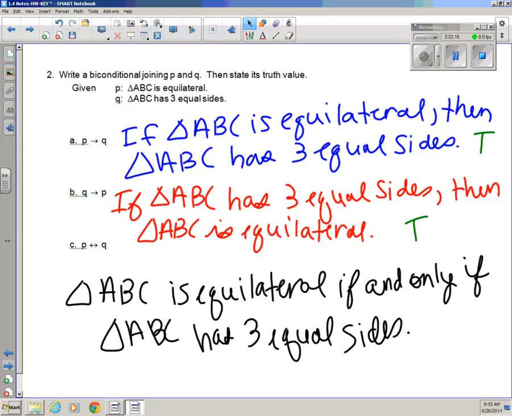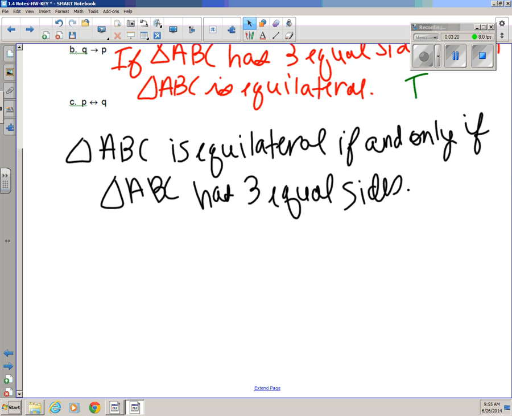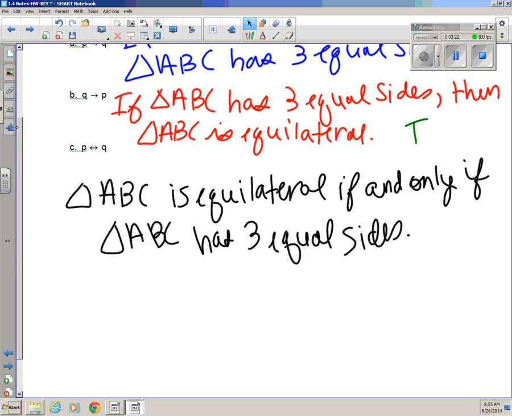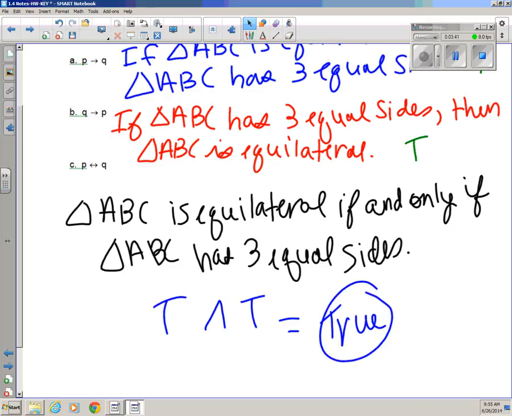Well, this also hopefully makes sense to you, because remember, the biconditional is the conjunction of the conditional and its converse. So I know that the conditional was true, the converse was true, and I'm looking for a conjunction. Well, true and true means I cleaned my room and I did the dishes. I am most definitely going out. So the truth value of this particular biconditional is also going to be true.